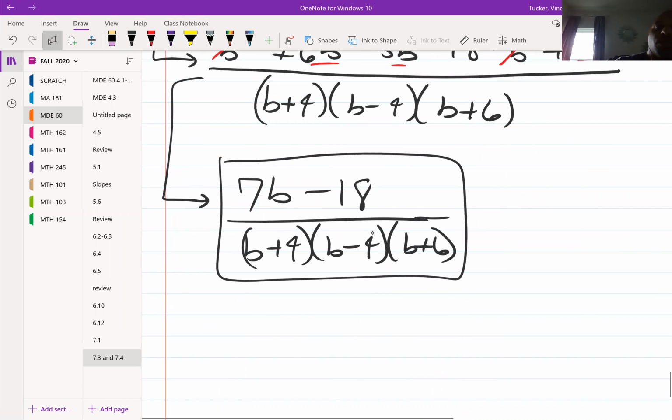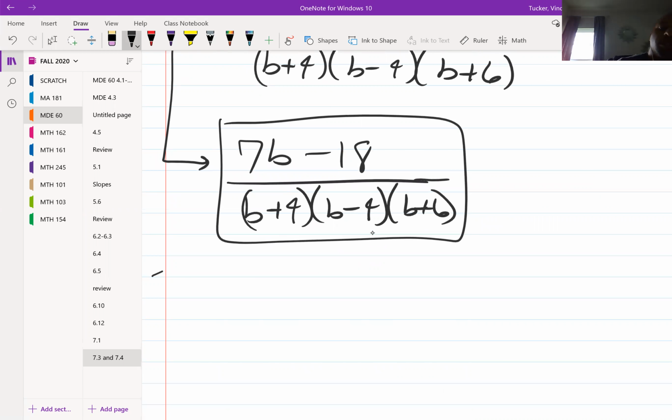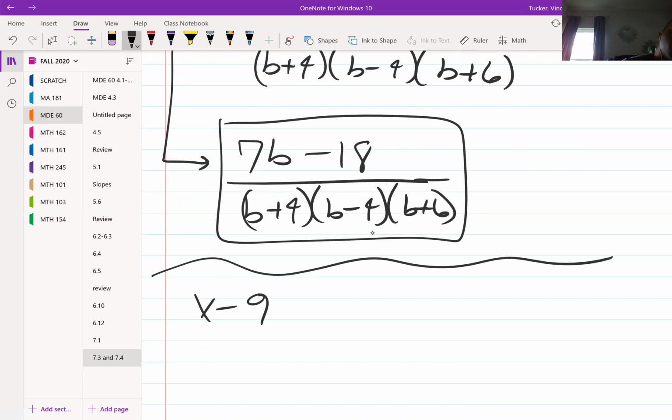All right, let's do one more. (x - 9) plus 1/(x + 9). Just like when you have regular fractions, you're trying to add them to a regular number, just an integer.